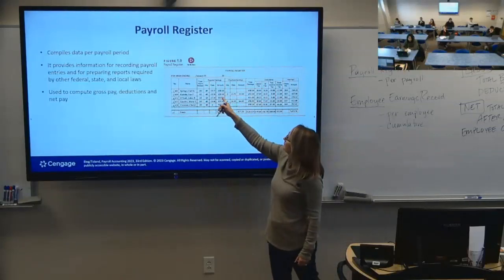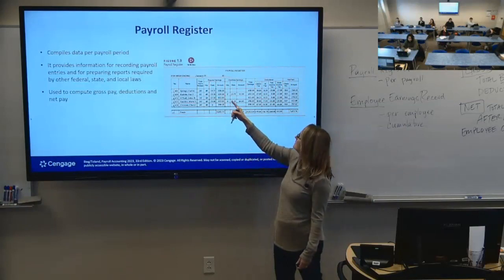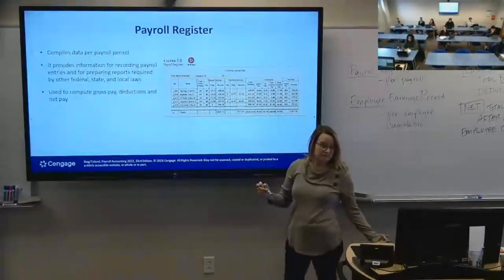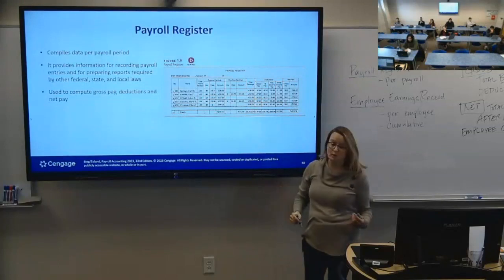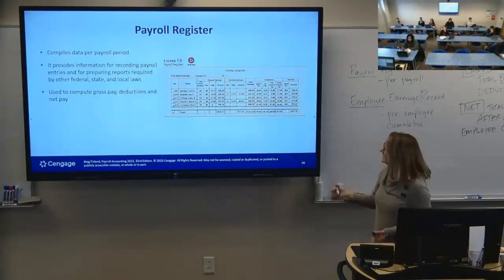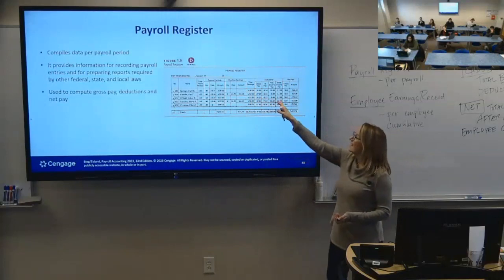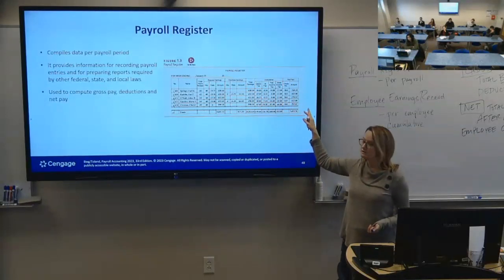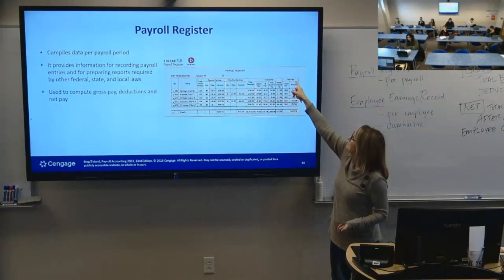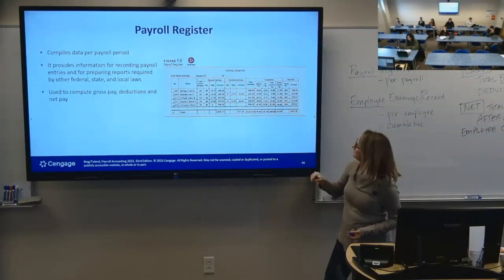In the case of Sue, we would add the $420 of regular earnings plus the $31.50 of overtime earnings for total earnings or gross earnings of $451.50. So again, this is before any deductions. Everything to the right of this is going to consist of deductions, and then we'll arrive at the net amount that is paid, okay?